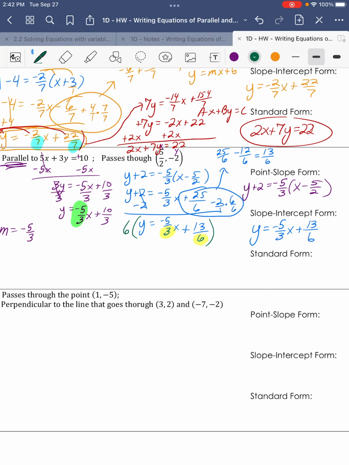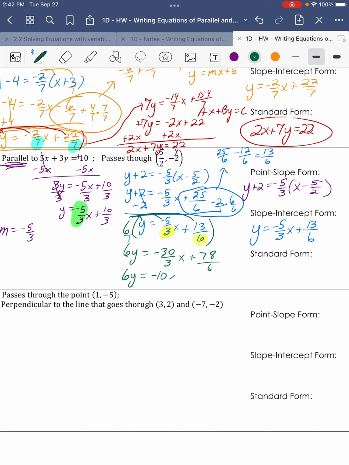3, 6, 9, 12, 15; 6, 12. 6 is the smallest. So if you multiply by 6 and distribute it, what's going to happen is your denominators are all going to go away. So that's 6, that's 78/6. You might be like, wait a second, the denominators aren't gone.